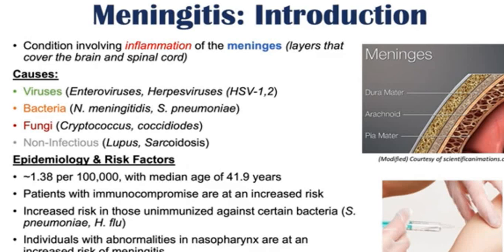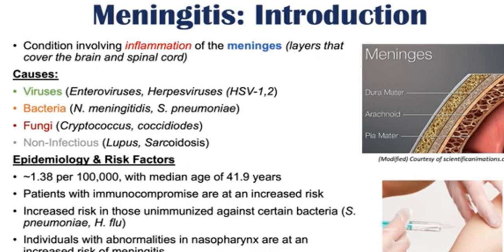Incidence of meningitis is 1.3 per 1 lakh population. Average age is around 41.9, but it is also very common in children. It is more common with immunocompromised host.